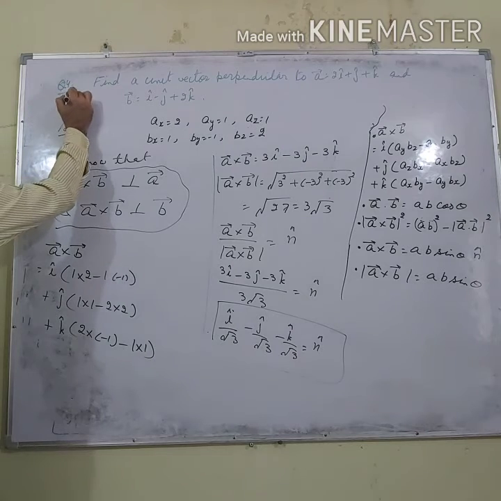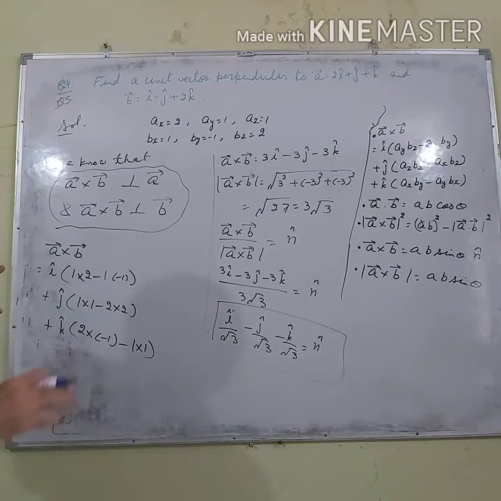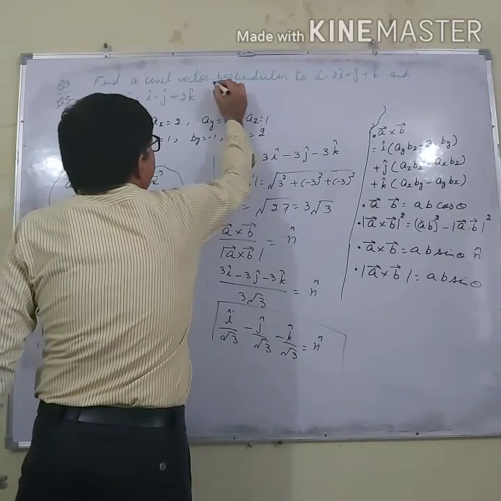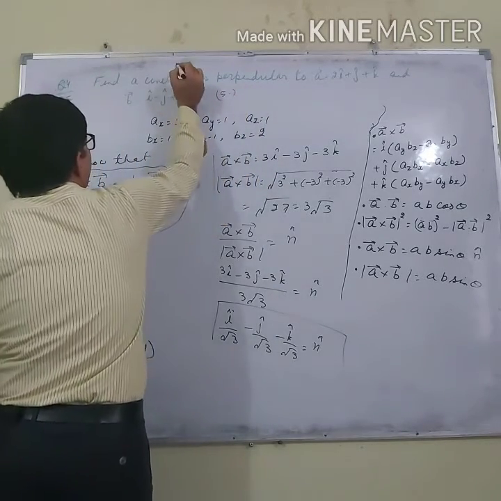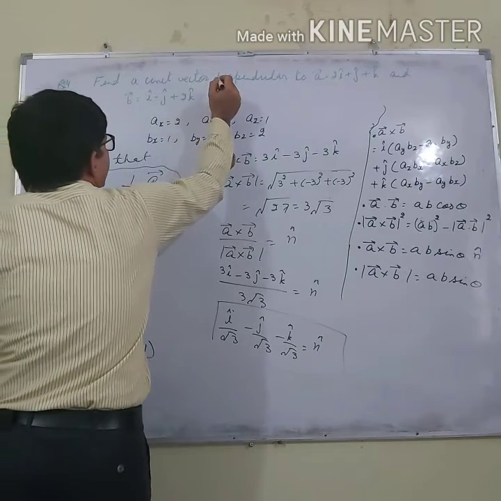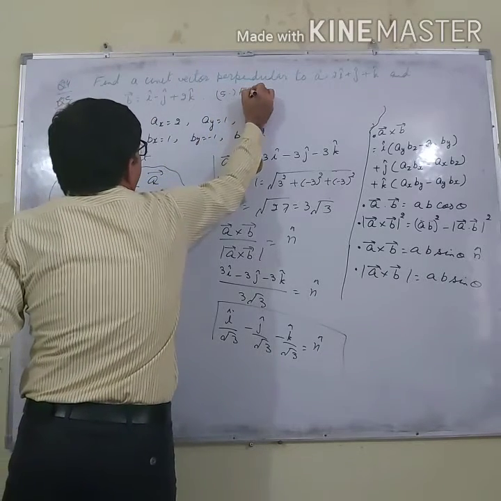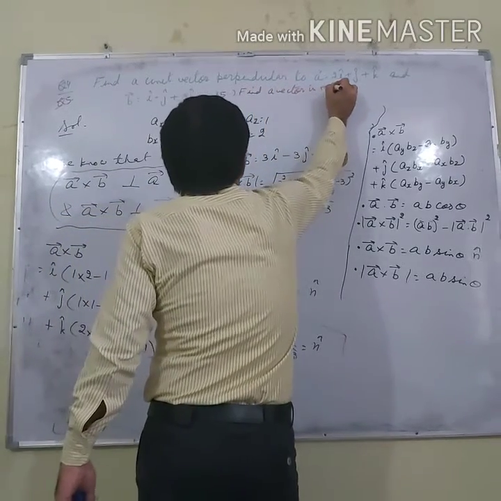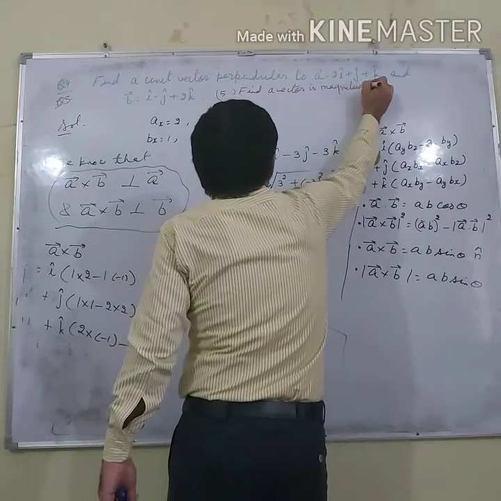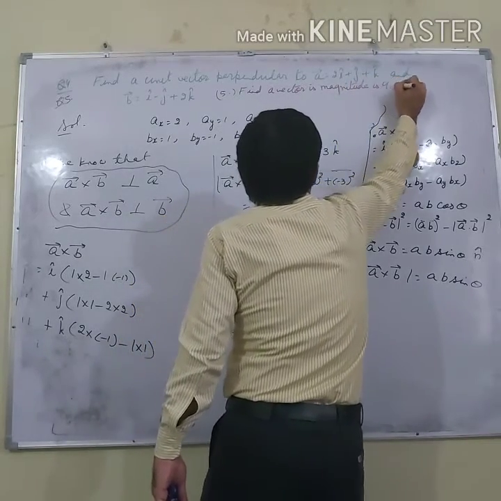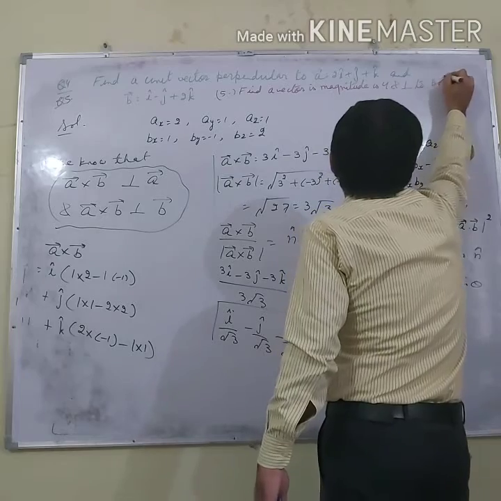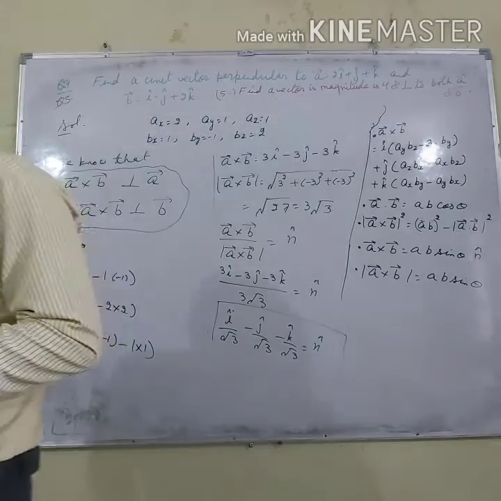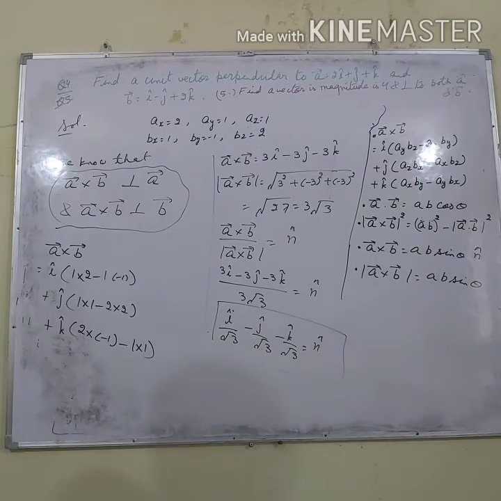This is question number 5: find the unit vector perpendicular to both A and B. In question 5, if I say in place of unit vector, find a vector whose magnitude is 4 and perpendicular to both A and B. Can you tell me how I can do this?